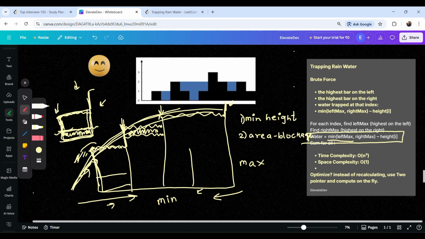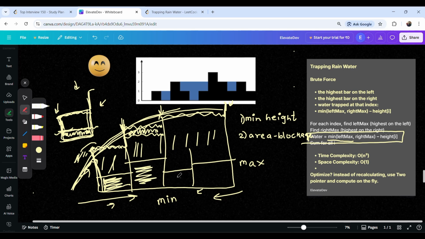Suppose there are blocks like this, and all this is water. We are going to ignore these blocks, because on these blocks water is not present. In this case, we will compute the whole area, and at any point we subtract whatever height we have right now. This is the only conclusion of what I am trying to say here.